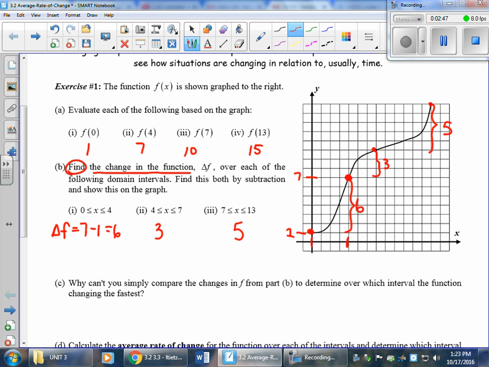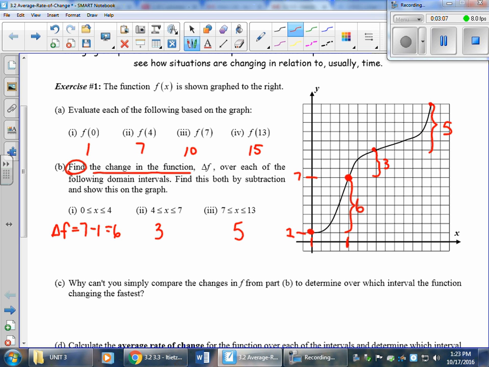C. Why can't you simply compare the changes in f from part B to determine over which interval the function changes the fastest? Well, the domain intervals aren't always consistent. They're not the same. So it's hard to use that to determine which one is growing faster.